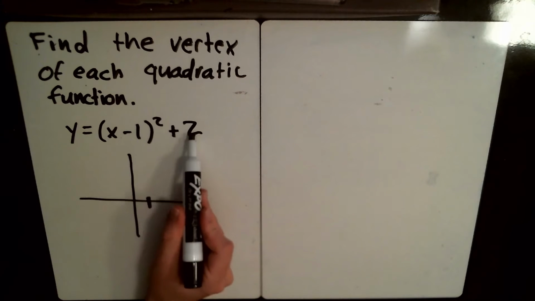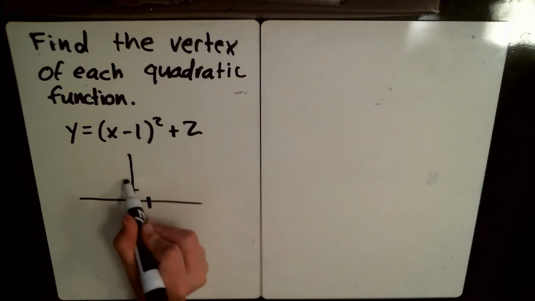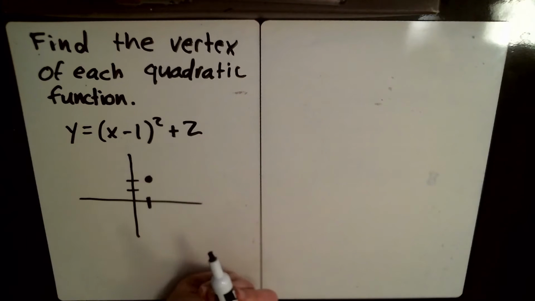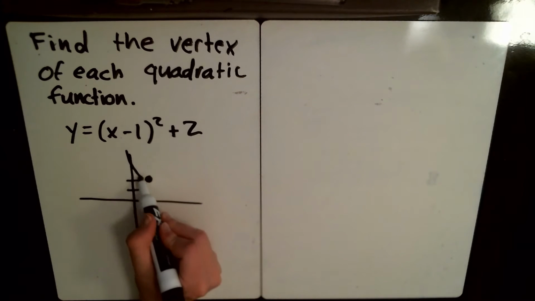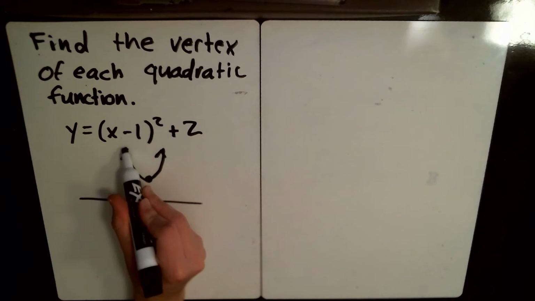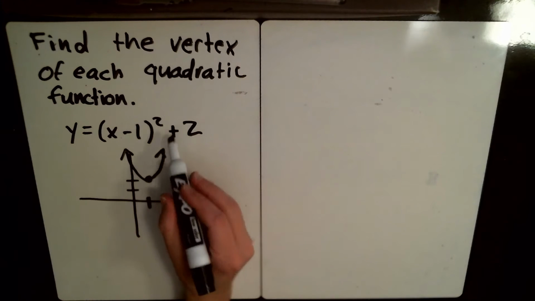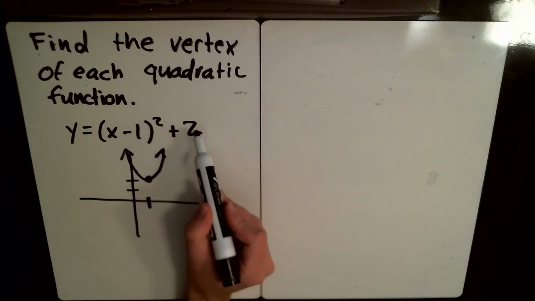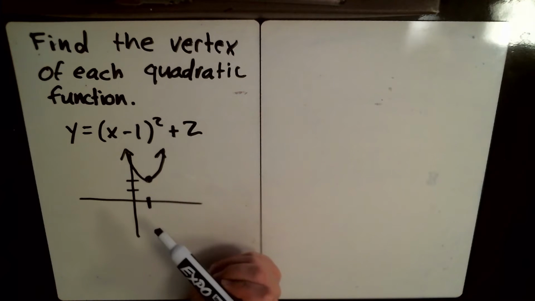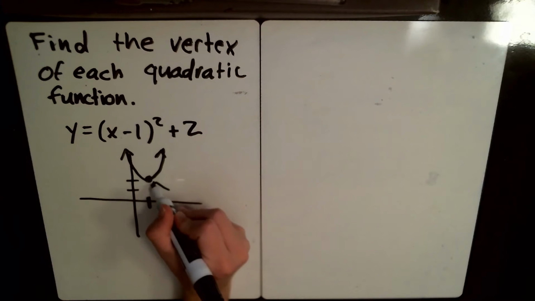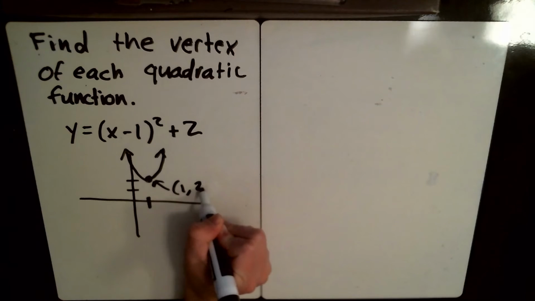So we'd move right 1, and then this 2 out here moved us up 2. So the new vertex would be there. It would look something like a little U shape there. So the vertex of this would be at the point 1, comma 2. That would be our vertex.